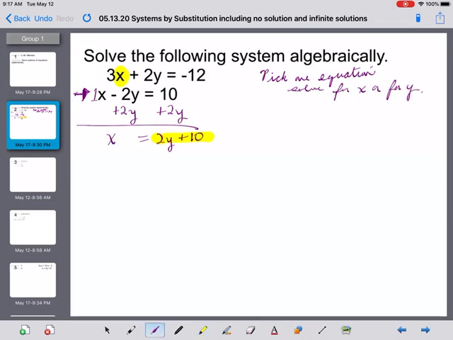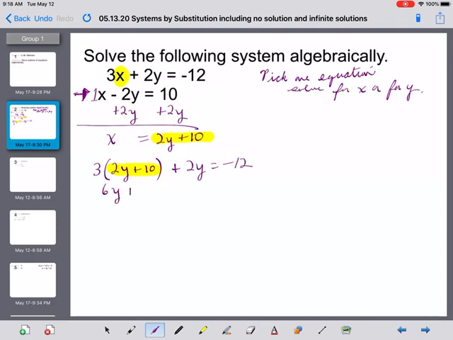Okay, so now you're going to get 3 parentheses. So now instead of x, you write 2y plus 10, plus 2y equals negative 12. So that's the part we just substituted. So now you see how that reduces the equation to just a y. So we can solve it like we did a couple months ago.